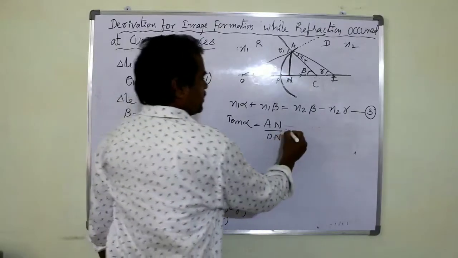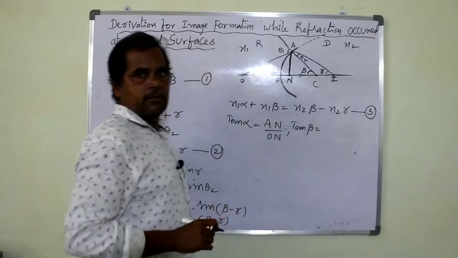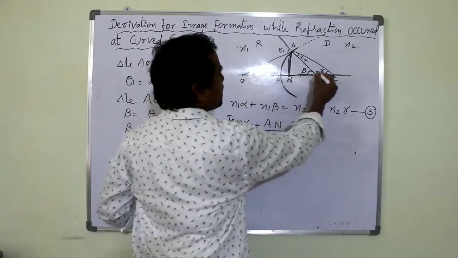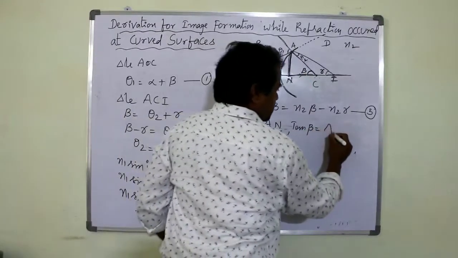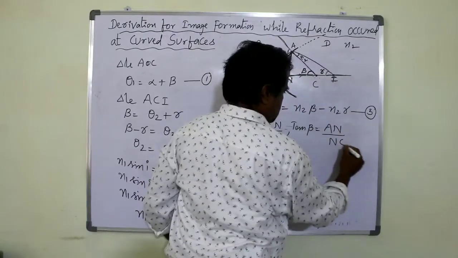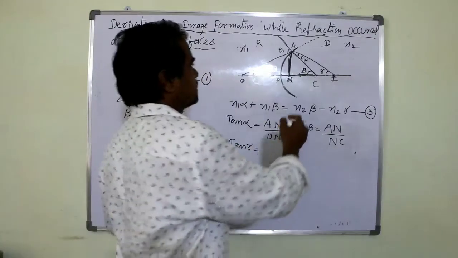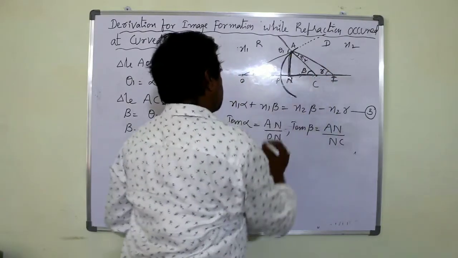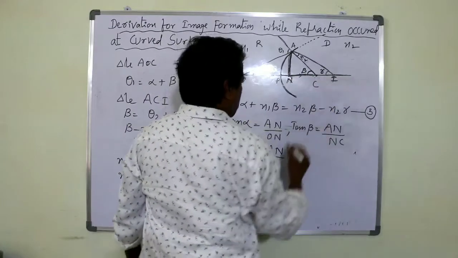Next, tan beta is equal to, consider this triangle ANC, opposite, here also AN by CN or NC. Next, tan gamma. For this we consider the triangle ANI. Opposite AN by NI.